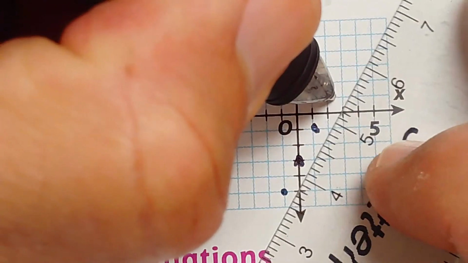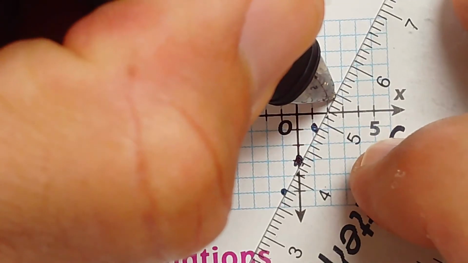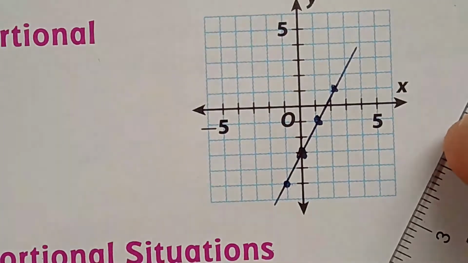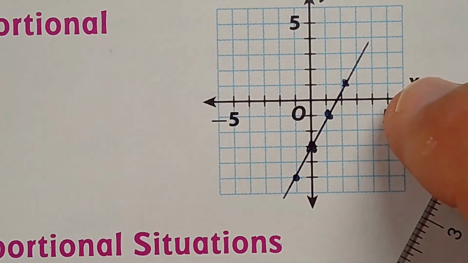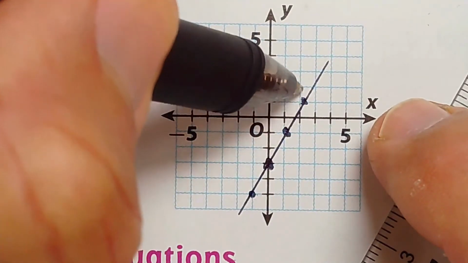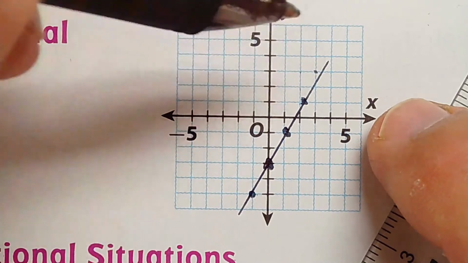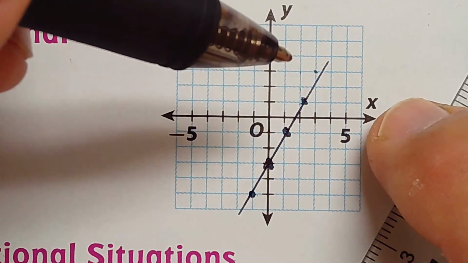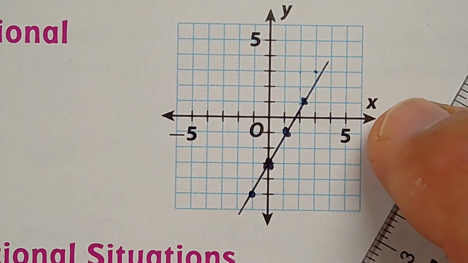Boom. Easy right there. There's my line. It's an okay line because when I look at this here, if I go up 2 and over 1, I should have been right there. So it was okay, it'll do.